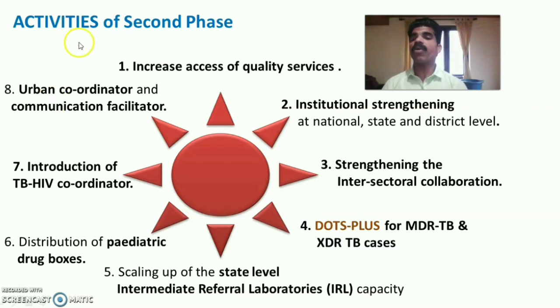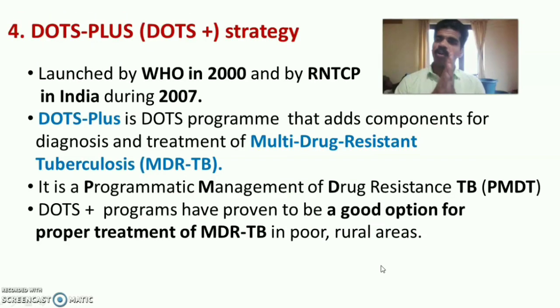So these were the important activities in relation to the 7 strategies of the second phase of RNTCP in India. Let us discuss some of the important new activities of the second phase. The fourth important activity of the RNTCP second phase was the DOTS plus program or DOTS plus strategy.